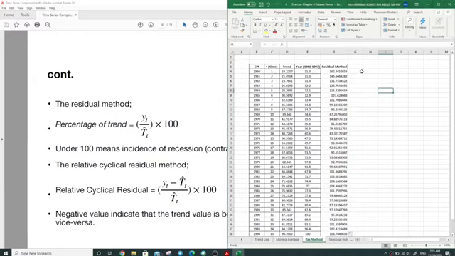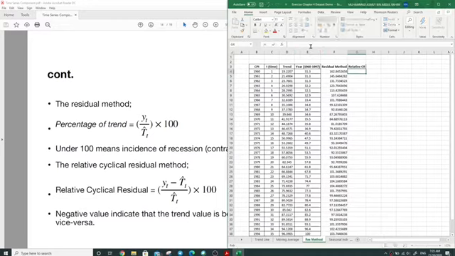Another method we can use is the relative cyclical residual. I just put relative CR as an example.